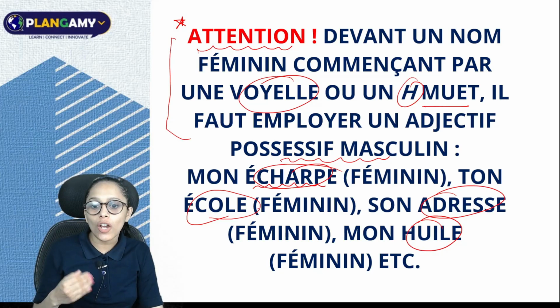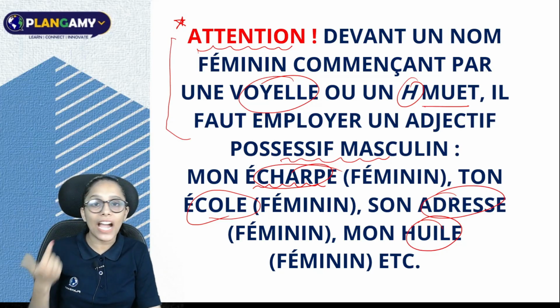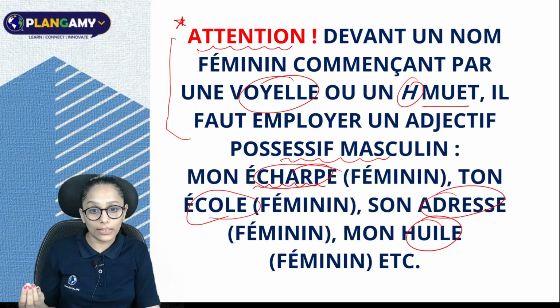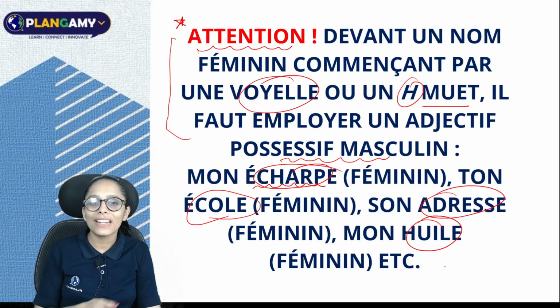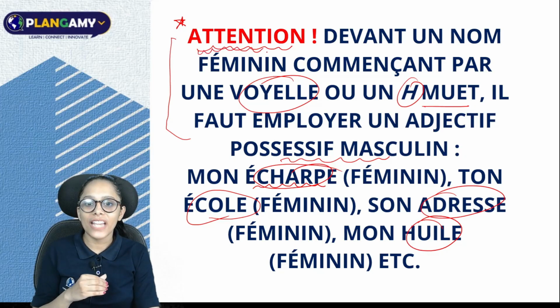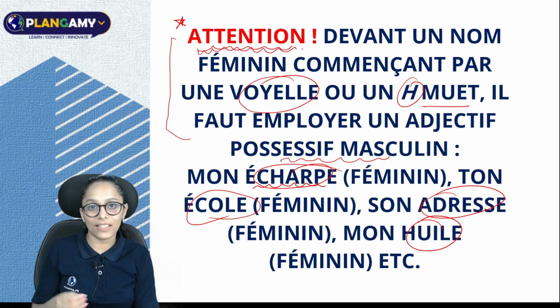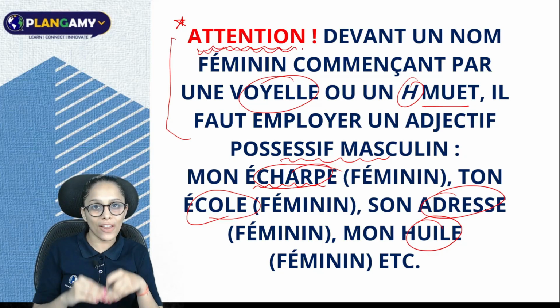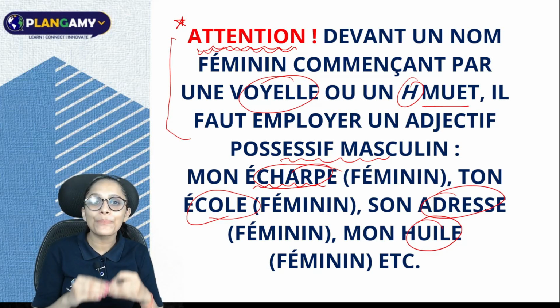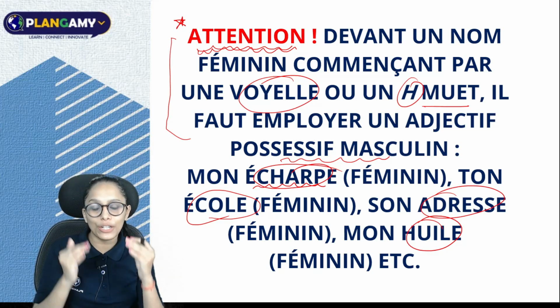Again, ton école, so your school, you cannot write ta école, it's wrong. So you have to write ton école, and here we have son adresse, mon huile, and so on. I hope that this attention sentence is clear to you. It is very, very important. Please keep this point in your mind.